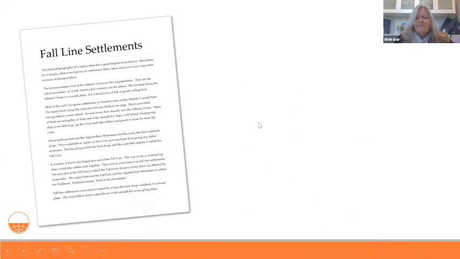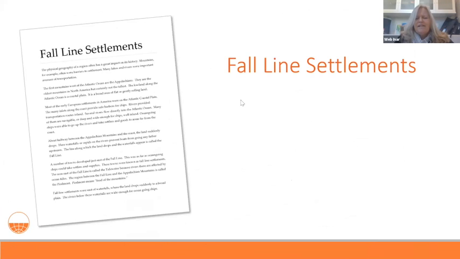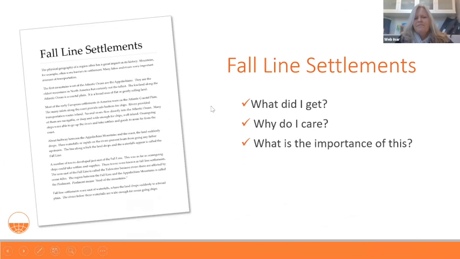But it's got me thinking, if we had spent that time reading it to learn all about fall line settlements, I always think about what a student would be thinking, or like me in college sometimes when I had to read something that I didn't have a lot of interest in personally, or that I had never heard of before.